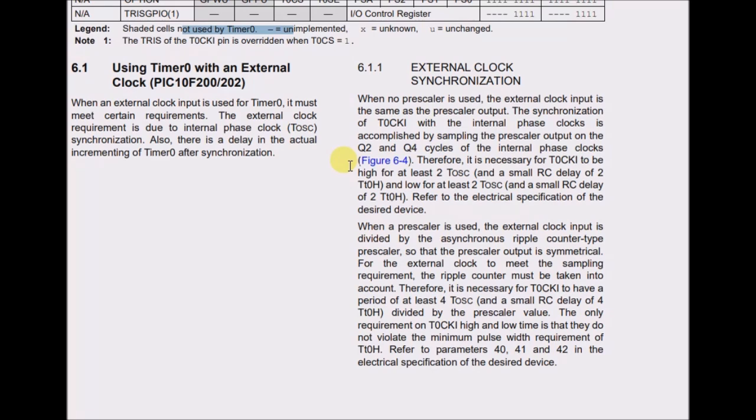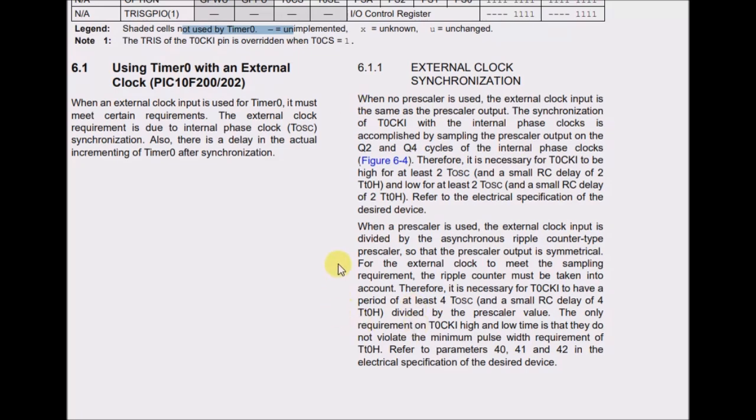Therefore, it is necessary for T0CKI to be high for at least 2 TOSC and a small RC delay of 2 TT0H, and low for at least 2 TOSC and a small RC delay of 2 TT0H. Refer to the electrical specification of the desired device.